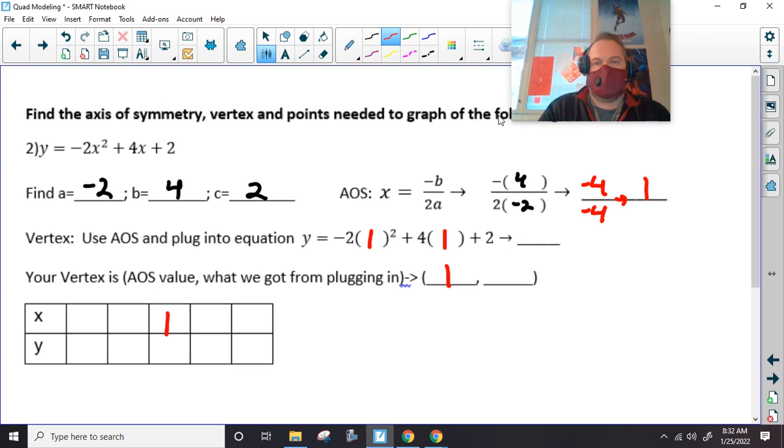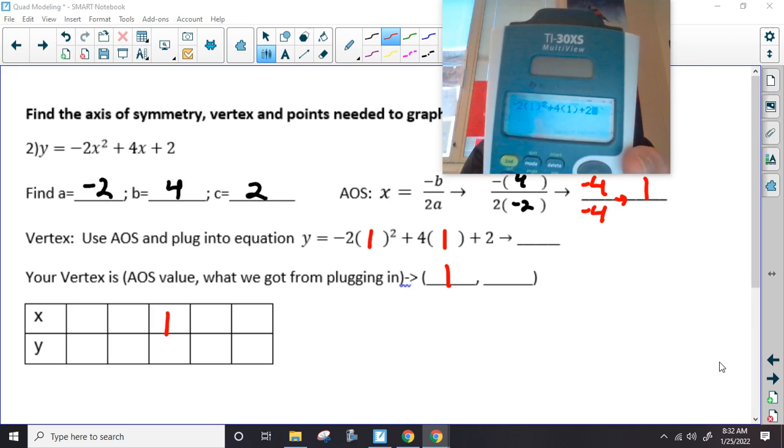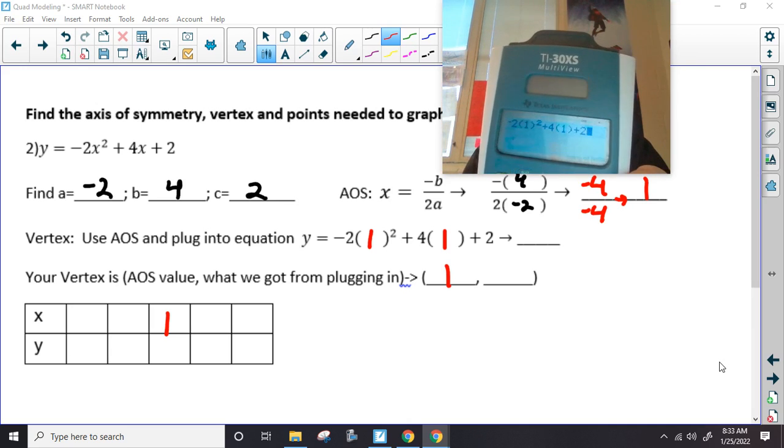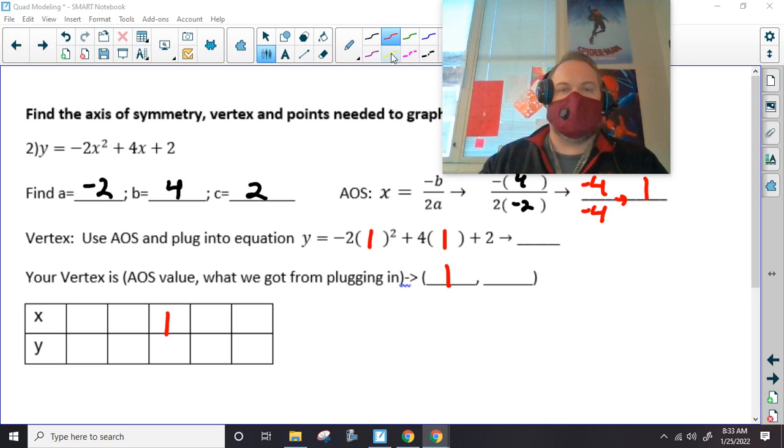And to find our y, -2, 1 squared, plus 4 times 1, plus 2. Okay. So we plug it in like this. We hit enter. It gives us our y value, which is 4.